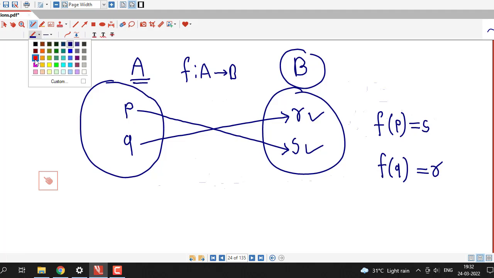So here f is a function from A to B which is 1-1 as well as onto.